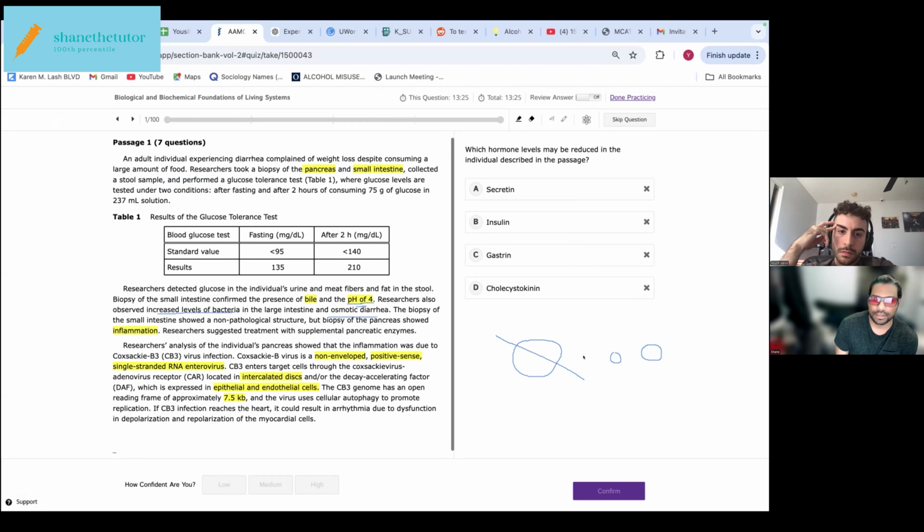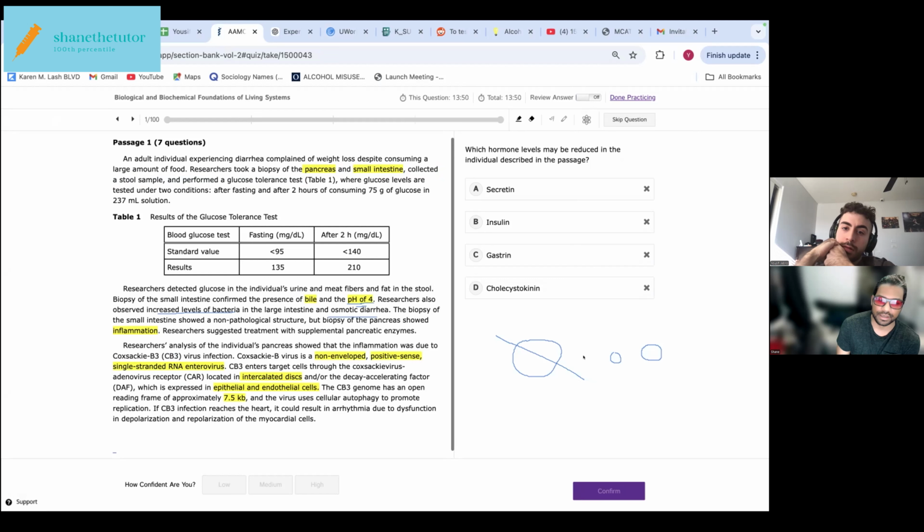And then they found out that this was because of the CV3 virus, and then they talk about a non-enveloped positive-sense single-stranded RNA virus. And that it binds to CAR on the intercalated discs or the DAF, which is in epithelial and endothelial cells.